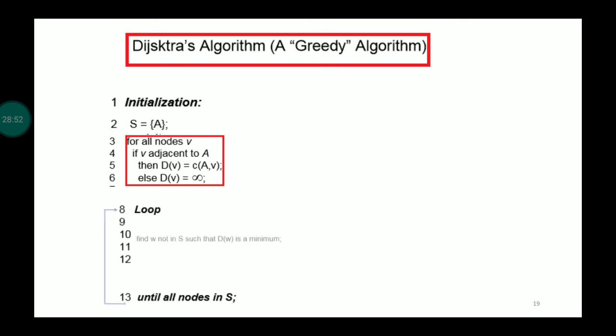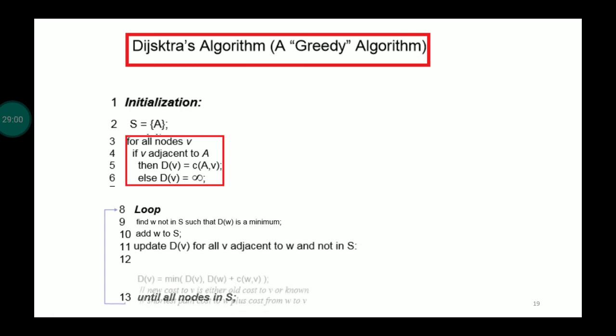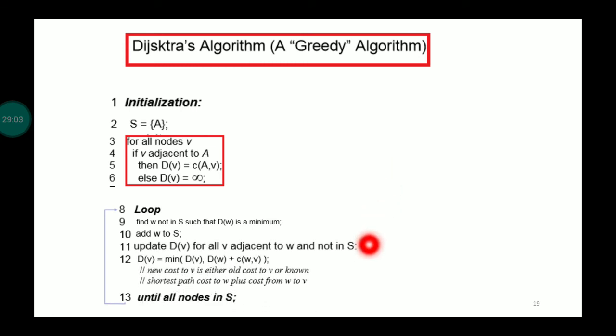Then at the end, in this Dijkstra algorithm, again a loop is performed that will calculate the lowest path from the source toward the destination, and this loop will continuously execute on all the nodes, until all the nodes in the set in that domain are processed, and for that it will calculate the lowest path.